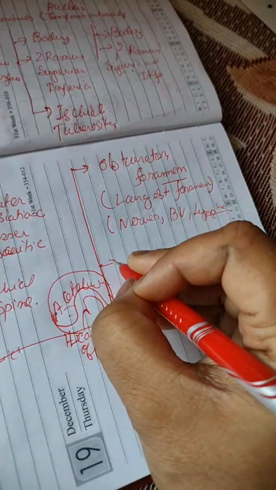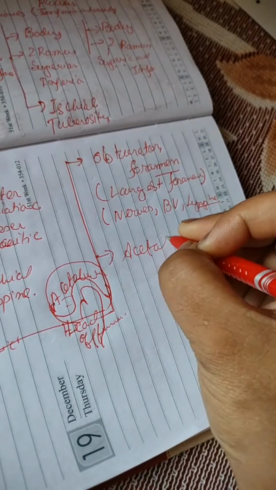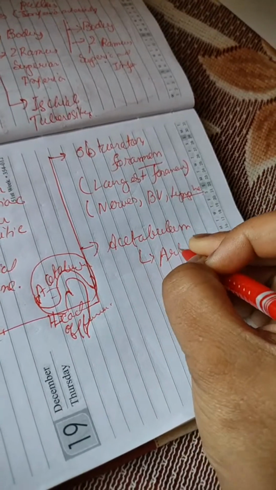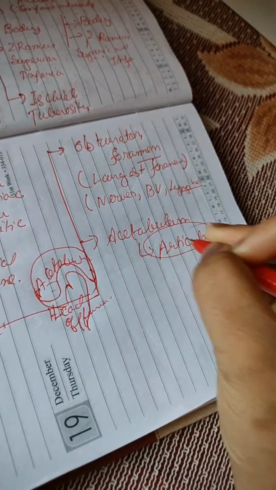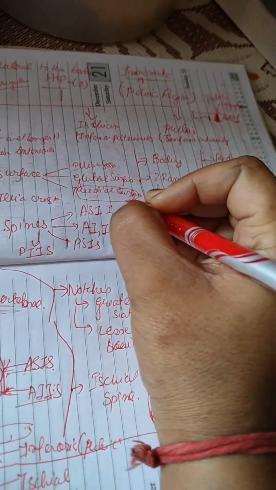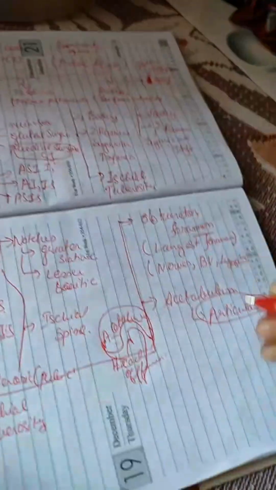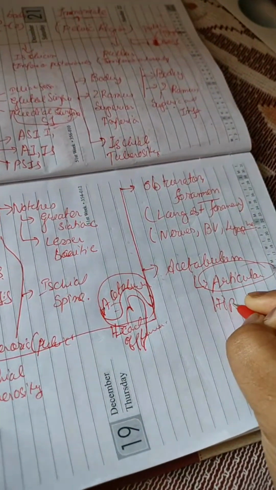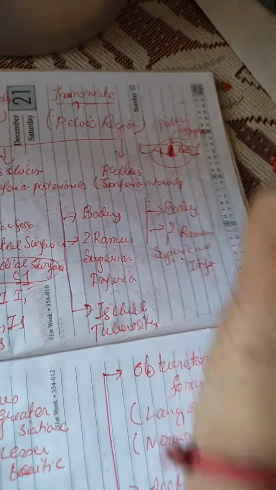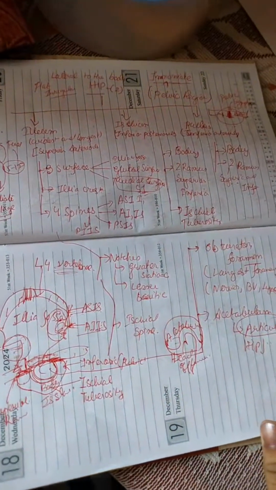So it is an articular surface. The middle surface is the articular surface. It forms the SI joint. This one forms the hip joint, and this forms the pubic symphysis. So this is all about the hip bone.